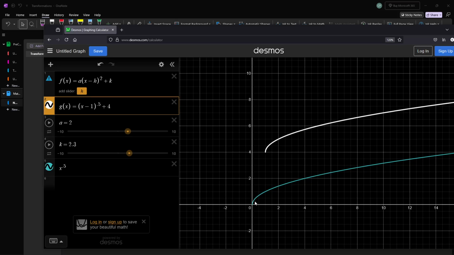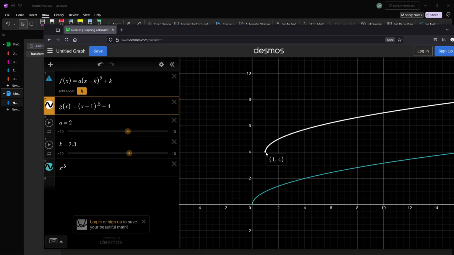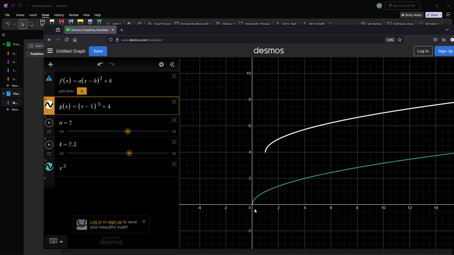My graph originally starts down at 0, 0. The square root of 0 is 0. The square root of 1 is not 4. So my starting point is not correct there. So to move my starting point to this point, I must shift it right 1 and then up 4 to end up right here.